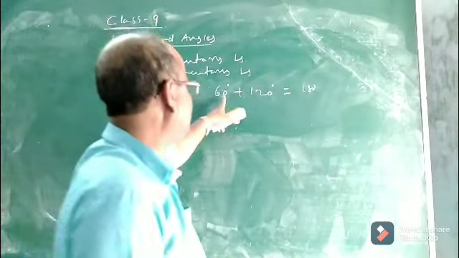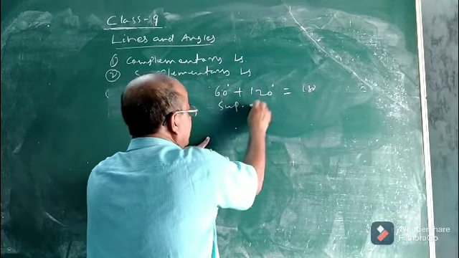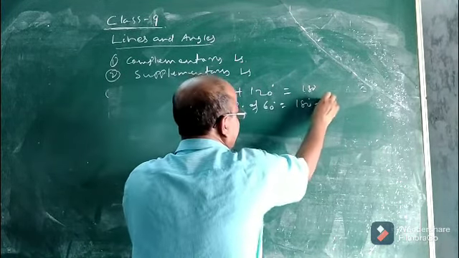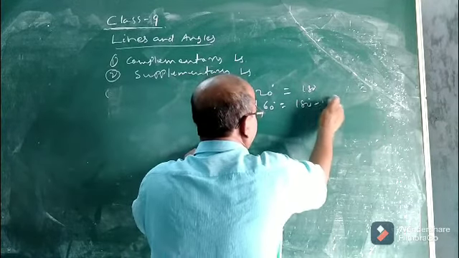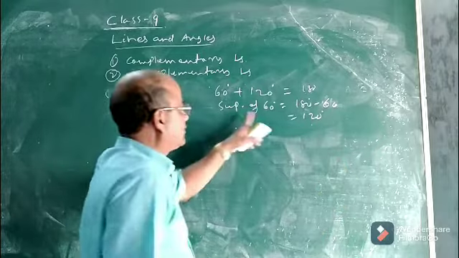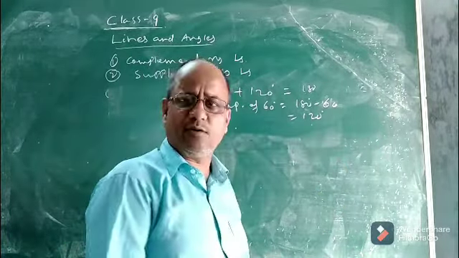And what is the supplement of 60 degree? You subtract 60 from 180, it will be 120 degree. So the supplement of 60 will be 120 degree and the supplement of 120 degree will be 60 degree.